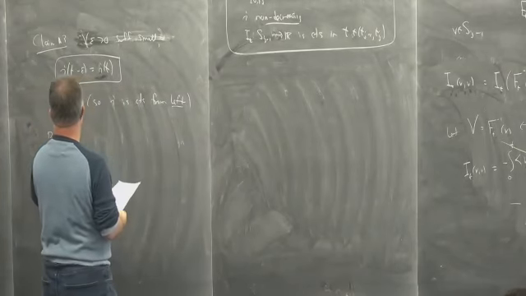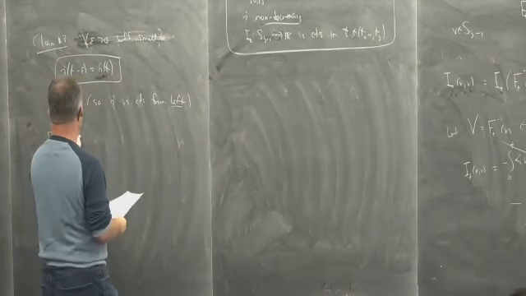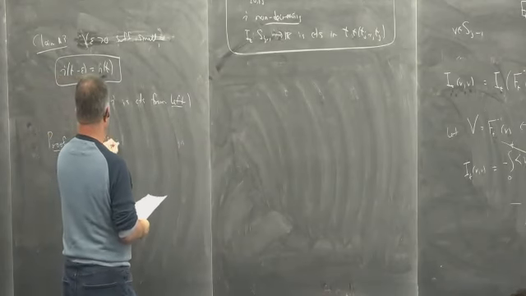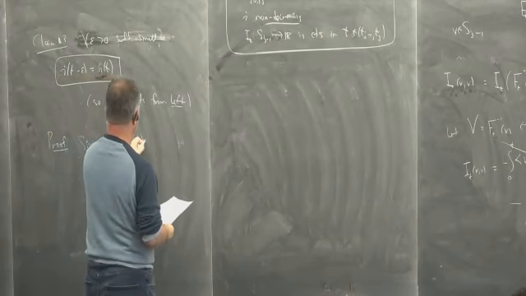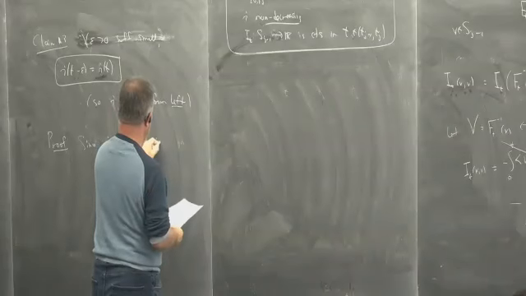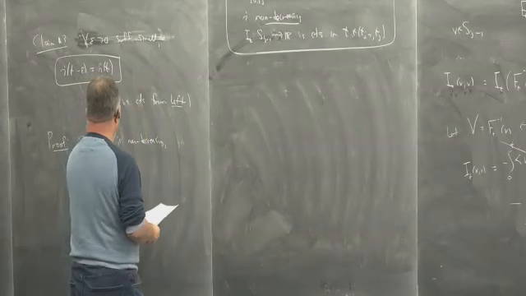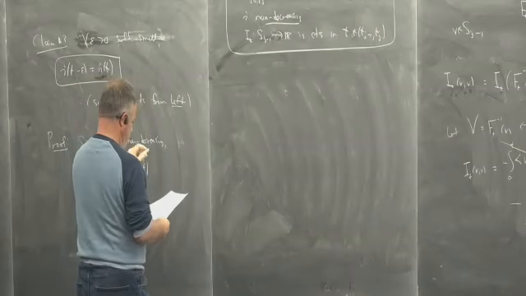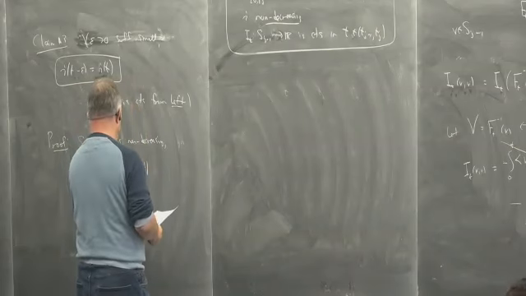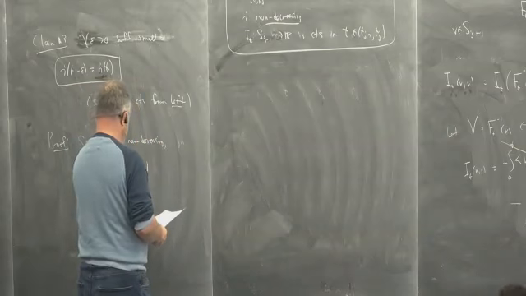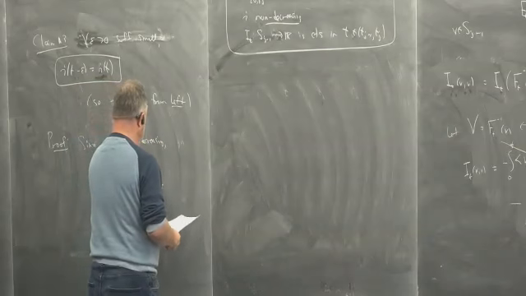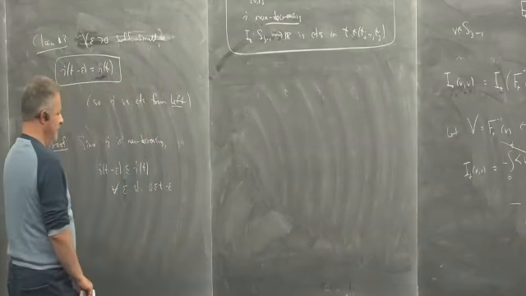So the proof, well, we already know it's non-decreasing. Since i is non-decreasing, we know that i of t minus epsilon is at most i of t for all epsilon such that t minus epsilon is at least 0.